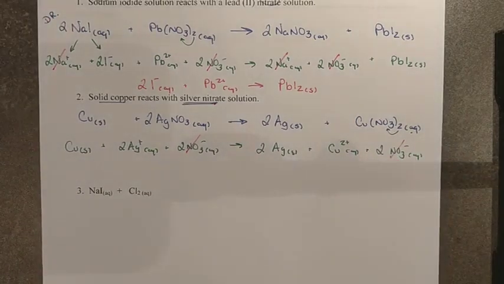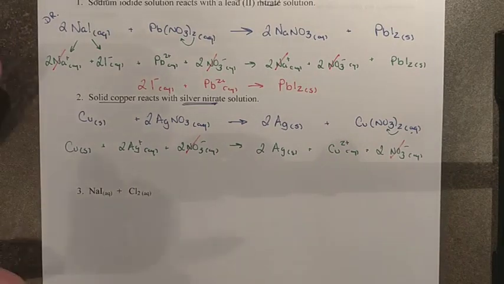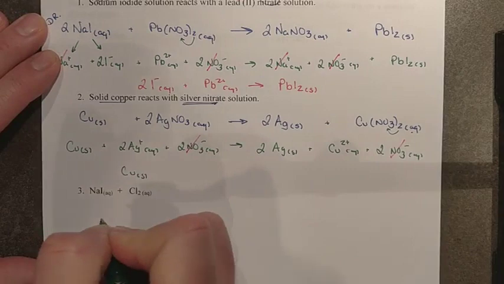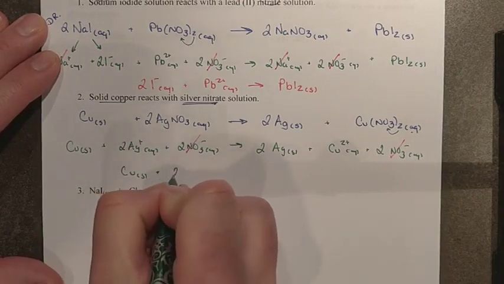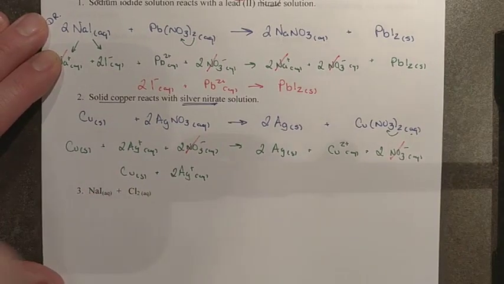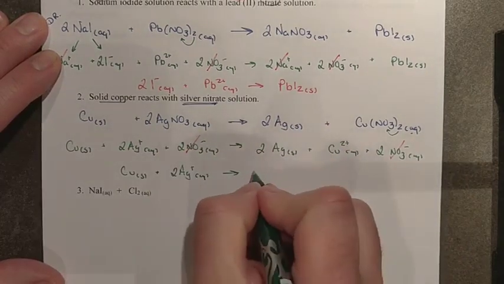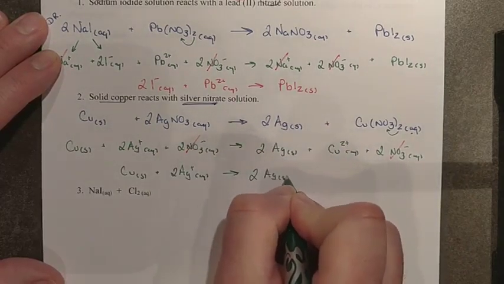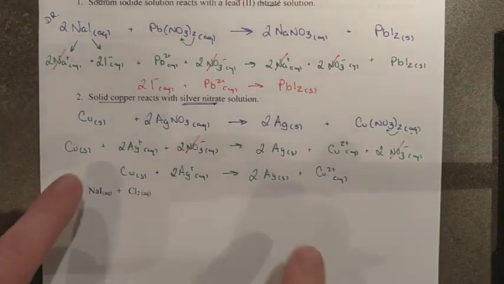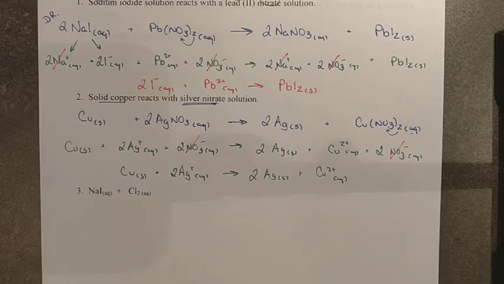All right, the ones that we cross out are called spectator ions, and so the remaining reaction just happened to be between the solid copper I added to the beaker and the silver ions that were dancing around in the beaker's solution. And they've caused a switch and a change in places. And we can just double check that things are still balanced, but there is my net ionic equation.